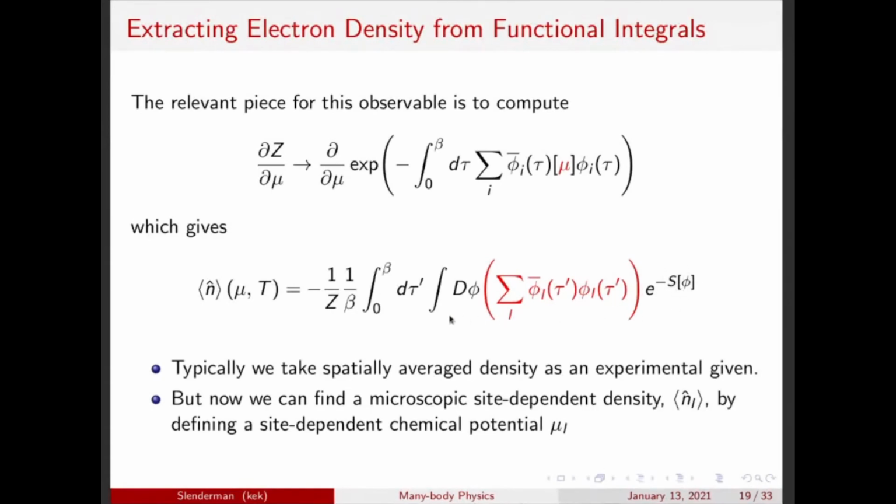So this is really just, if you're familiar with statistics, a moment of this distribution e to the minus S. Because there's an integral over d tau and a sum over L here, it's more like a sum of moments.